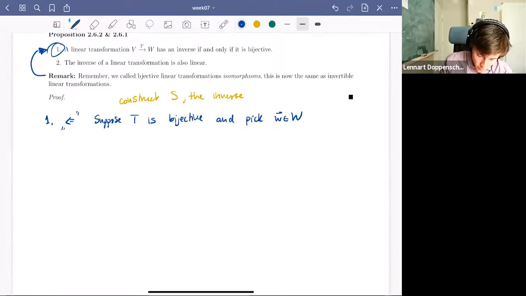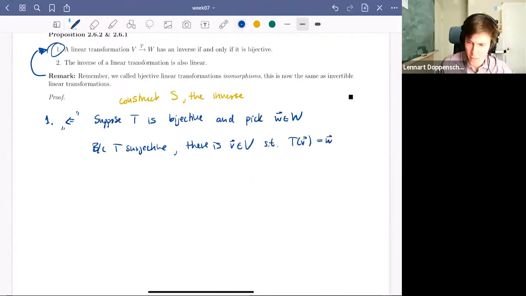Because T is surjective, there is a V in V such that T of V is equal to W. This is just literally what surjectivity means.